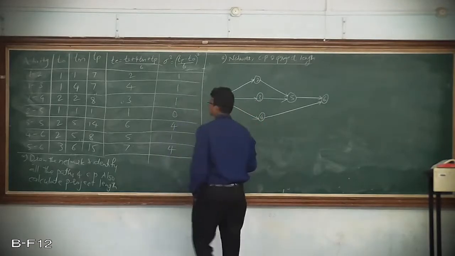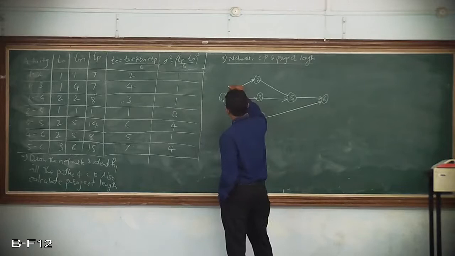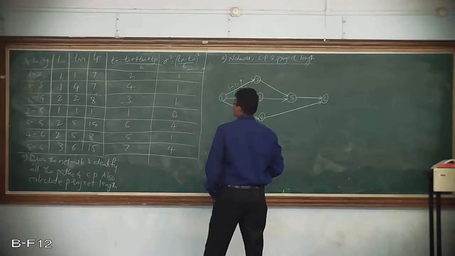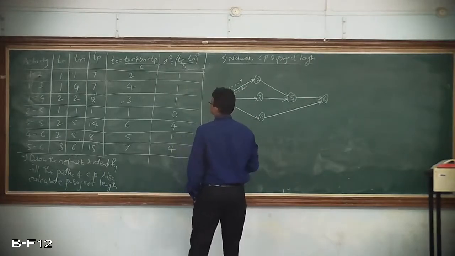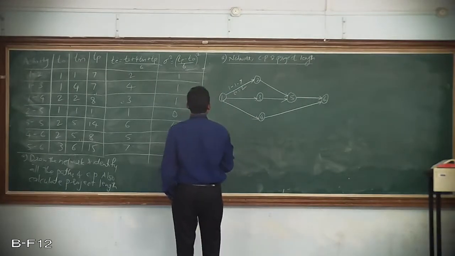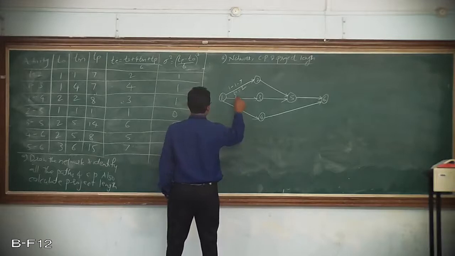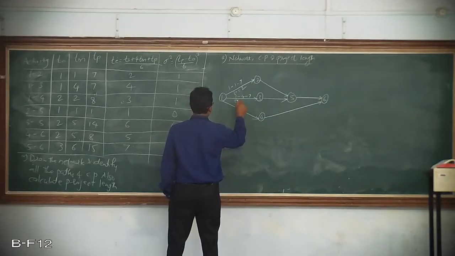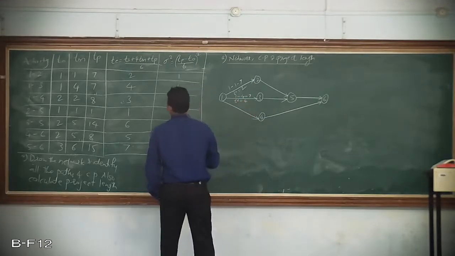Now I'll just write all the times, that is T naught, Tm and Tp, and t is equals to 2 here. Similarly 1 to 3, that is 1, 4, 7, and t is equals to 4.